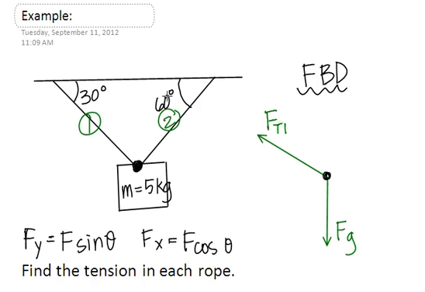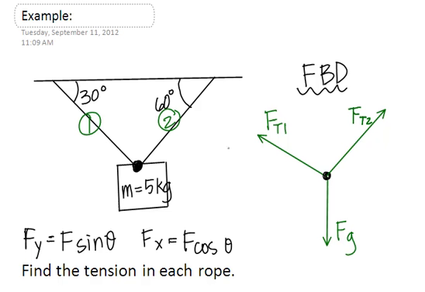Okay, so then what about this second rope over here? What's it doing? It's pulling it over and up, so that gives us this angled force again. So we can't add these two together because they are in wacky directions. So we need to figure out what is the over and what is the up.